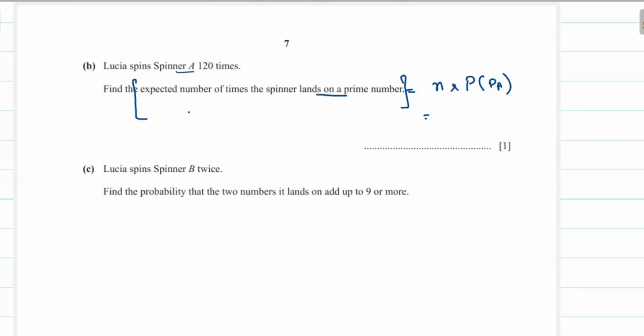You see here the number of times spinner A spins is 120 times, and the probability of spinner A landing on a prime number is 3 over 5. Therefore, this value will be equal to 360 over 5, and we can write it as 72, which is the answer.